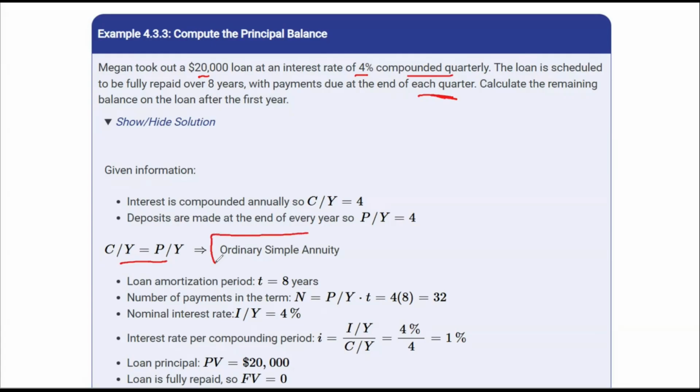So you have this kind of annuity going on, right? 8 years, number of payments, that's the interest per year, the compounding period, the interest rate is going to be 1%, okay. That's a loan, and you must make it. All right. So that's all the information here, right?